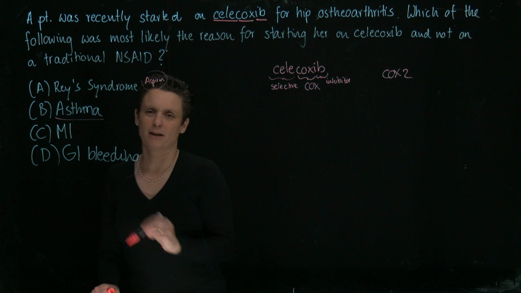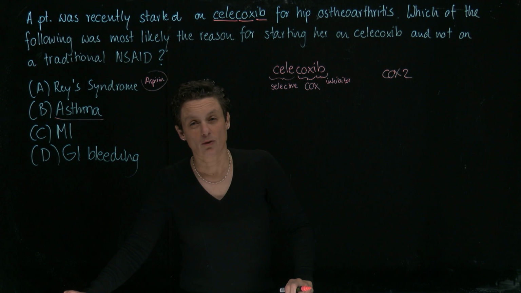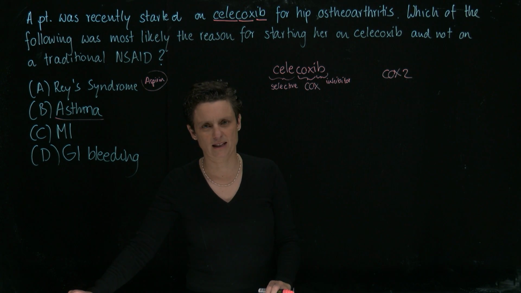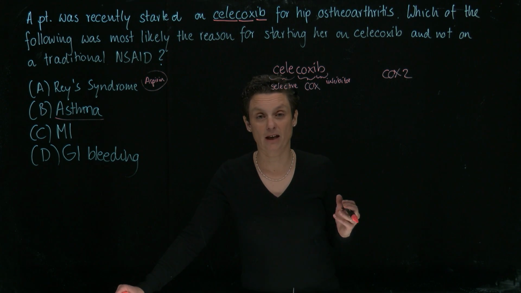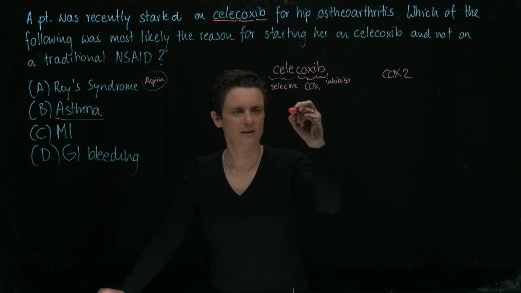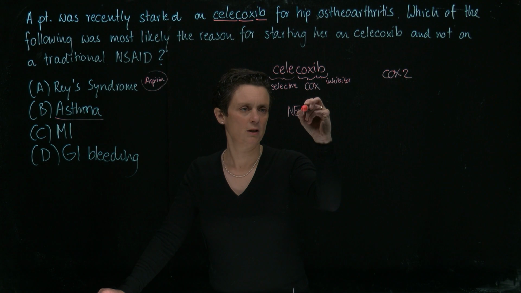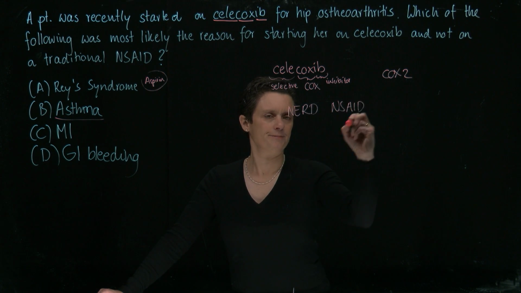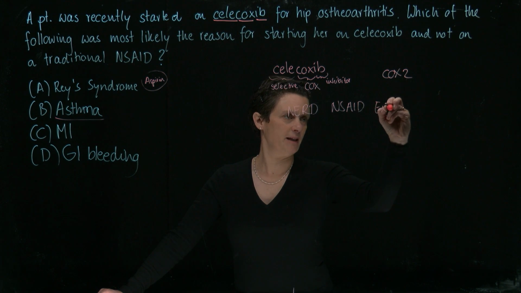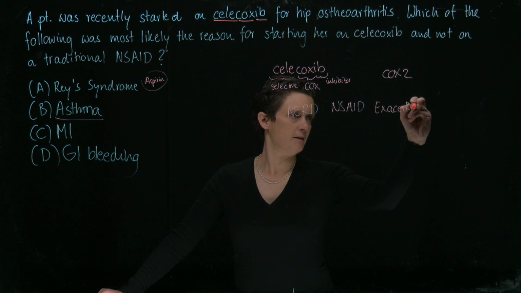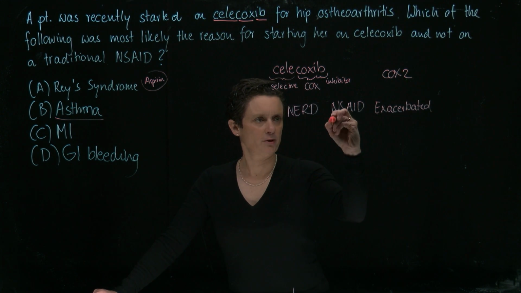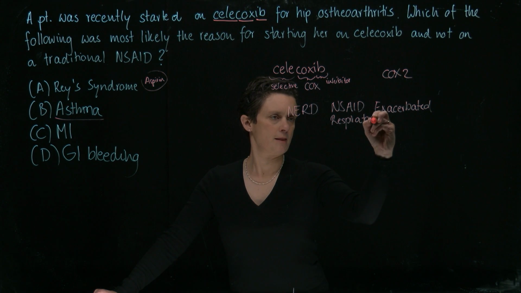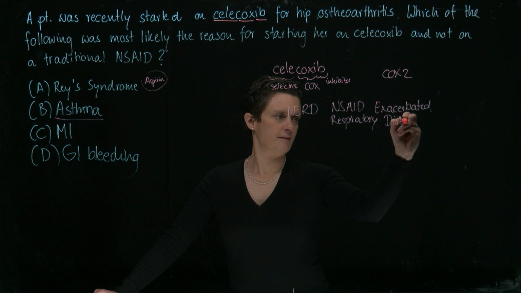Now, what about asthma? Well, asthma, all respiratory distress reactions can occur with any of the NSAIDs, and that even has its own name. We have something that's called NERD, which stands for NSAID-exacerbated respiratory disease.